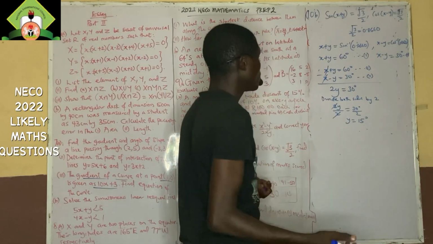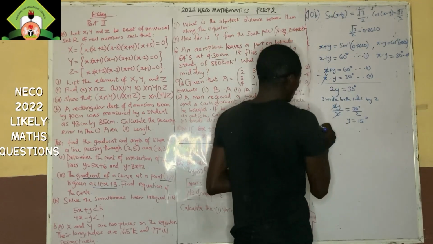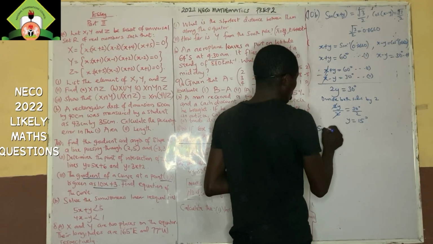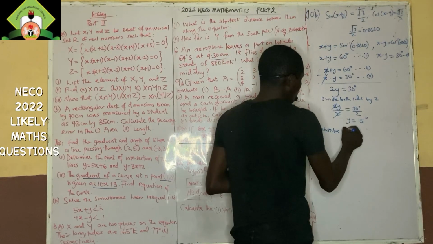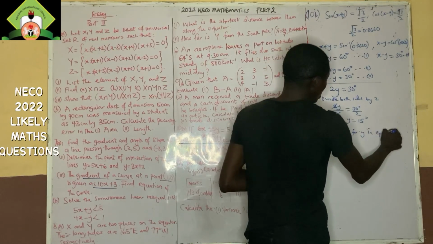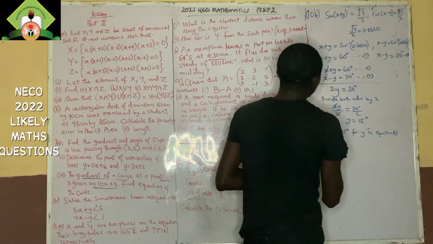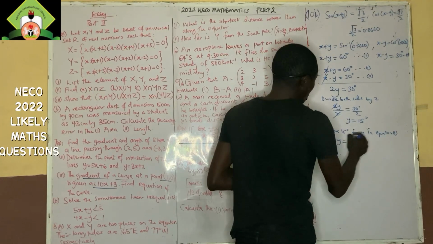Then what is x? Substitute 15 degrees for y in equation 1. In equation 1 we have x plus y equals 60 degrees.